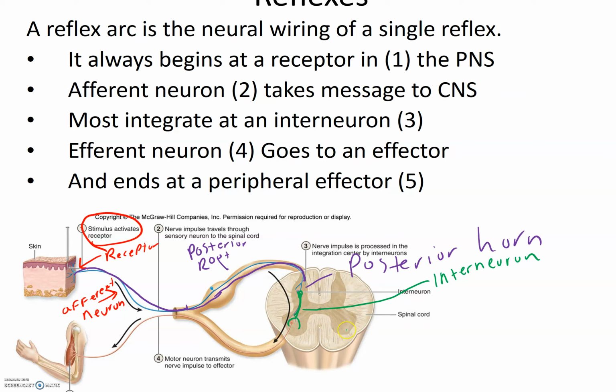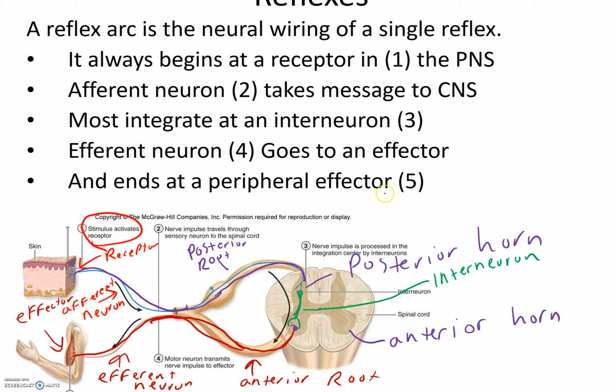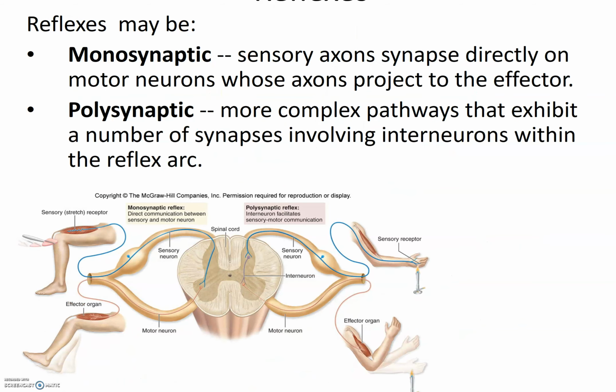Now, the motor neurons are going to leave on efferent neurons on the anterior root. And it's going to go out. This one's going to go through the brachial plexus to the musculocutaneous nerve, and it goes to the effector. Effector could be skeletal muscles in the case of this somatic reflex, or it could be smooth muscles or glands in the case of autonomic reflexes.